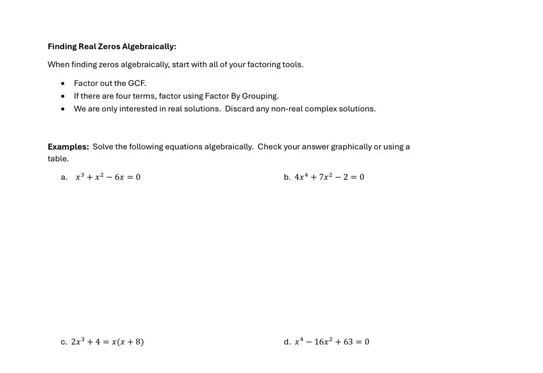All right, the last thing that we're going to do in this section is talk about finding real zeros algebraically. When we do this, we want to keep in mind all of our techniques that we've talked about so far this semester and in previous math classes. We want to start with our factoring tools.